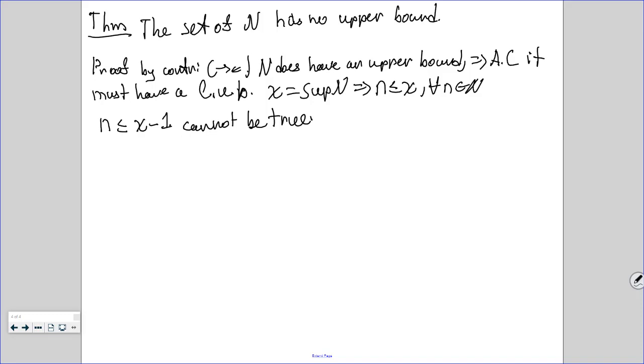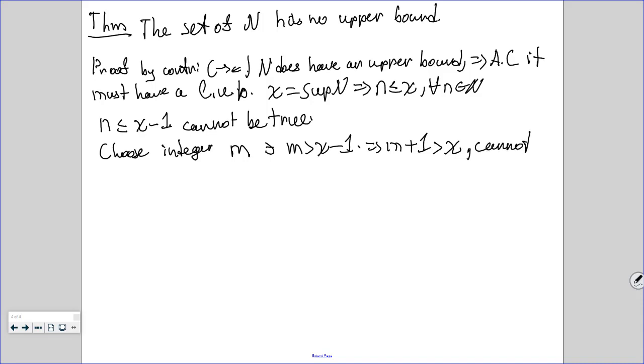We can choose some integer m such that m is greater than x minus 1. From here, m plus 1 is greater than x. But this cannot be true since x is a supremum.